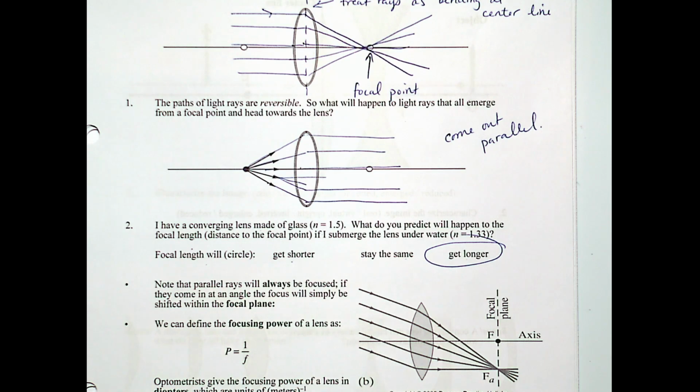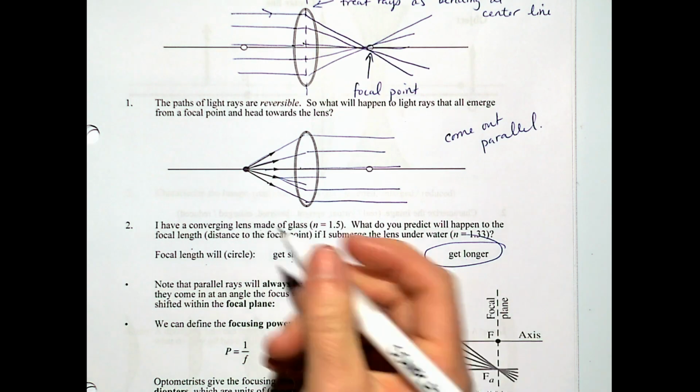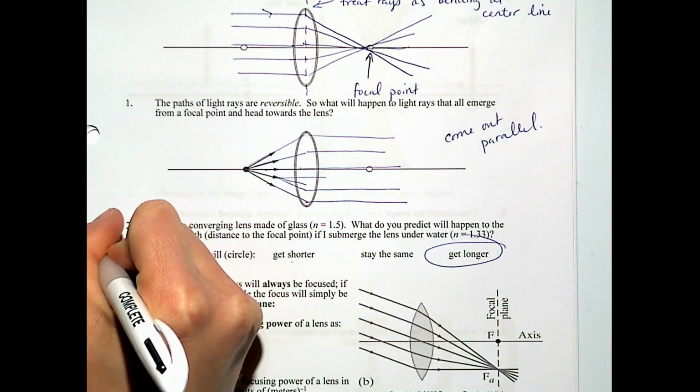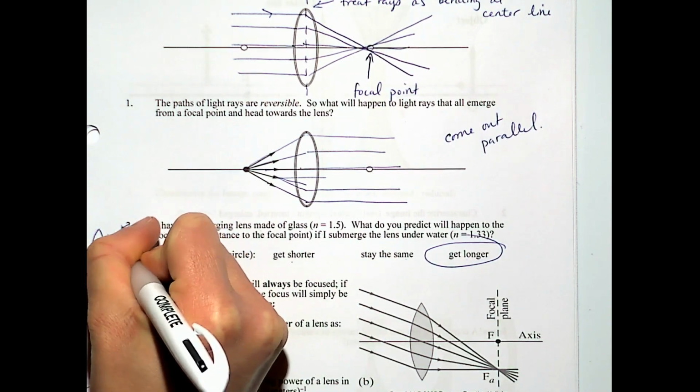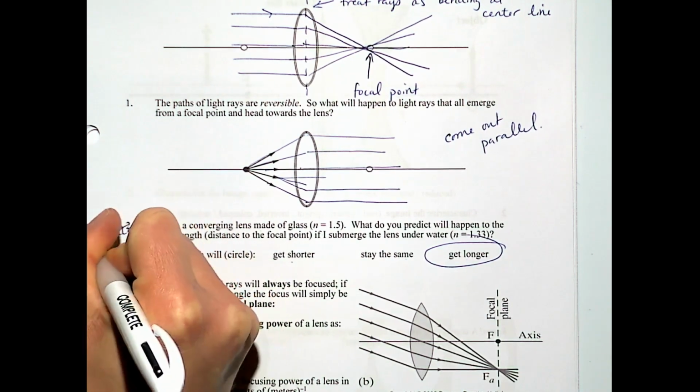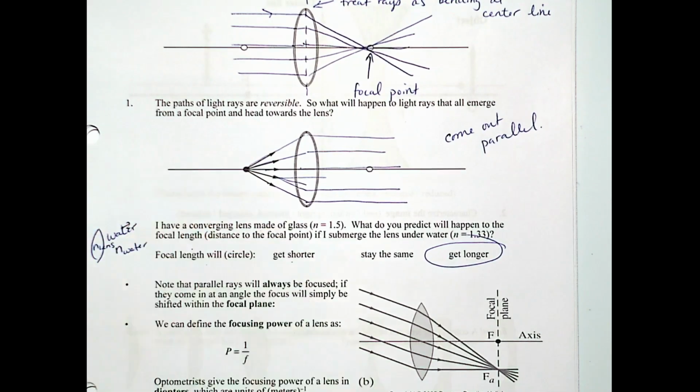So the bigger the difference in n between the material around the lens and the lens itself, the more dramatically the rays bend. So when you submerge the lens in water, the difference between the n of the water and the n of the lens is now not as great.